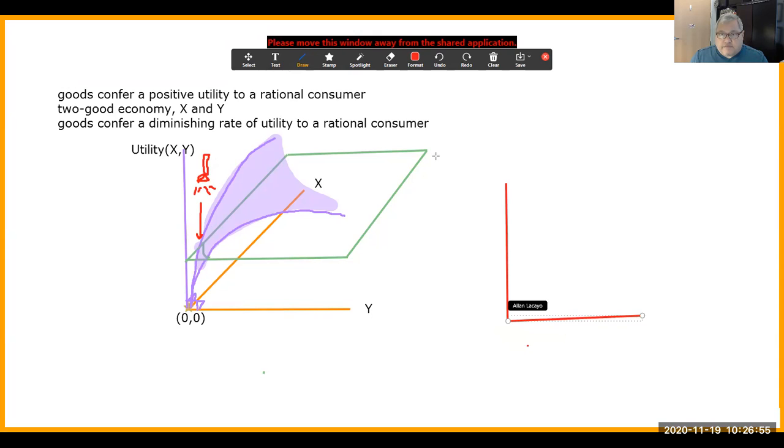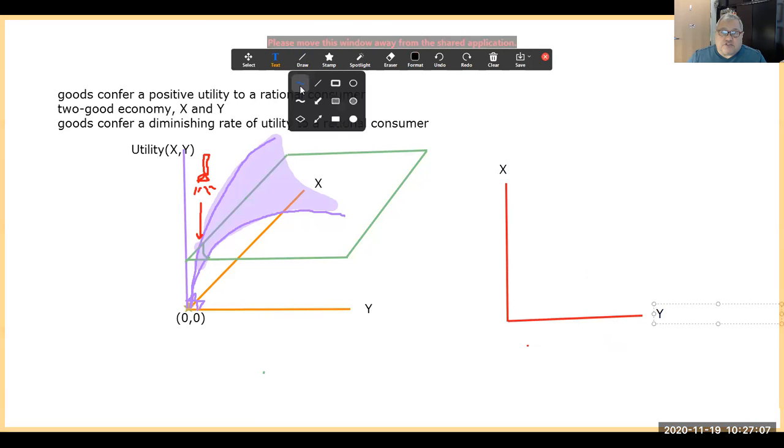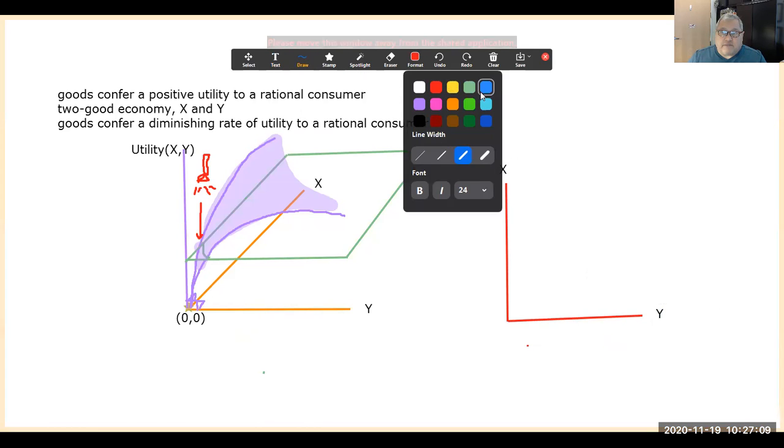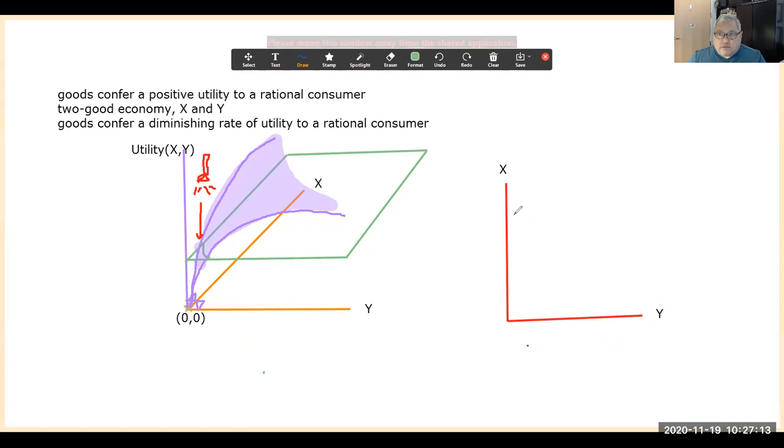This would be the variable x. This would be the variable y. And the shadow of the green item that I just traced would look like that.